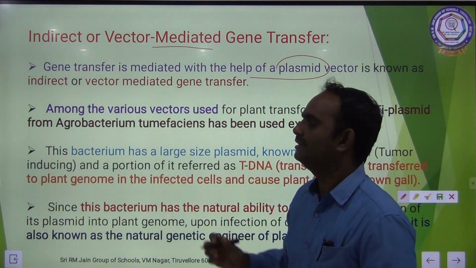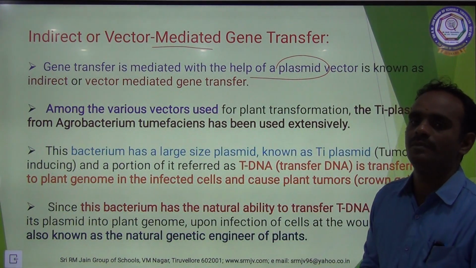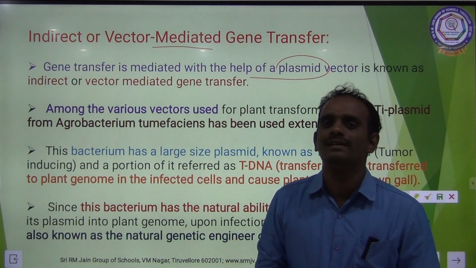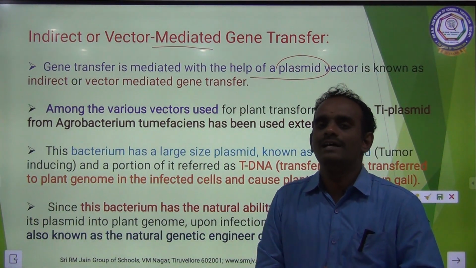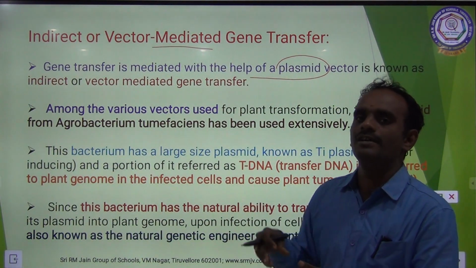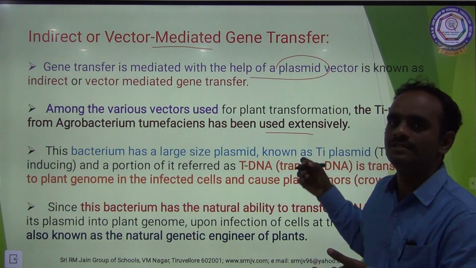Among the various vectors used for plant transformation, we often use the Ti plasmid. Ti plasmid is extracted from Agrobacterium tumefaciens, a soil bacterium. It has been used extensively.